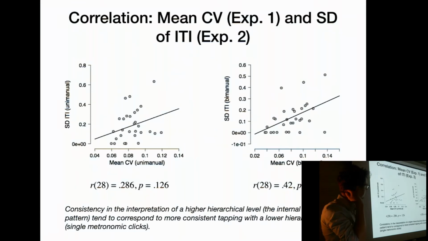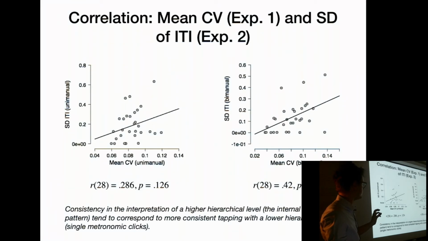And so we interpreted this trend like this trend perhaps suggests that people that have a more stable performance are more consistent in finding the internal beat in the other parts.